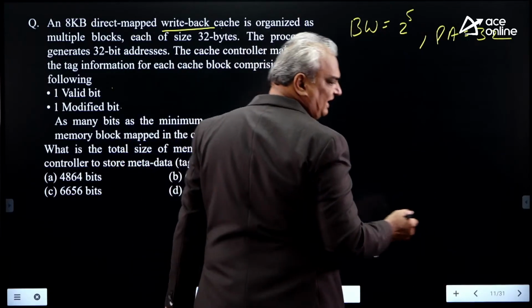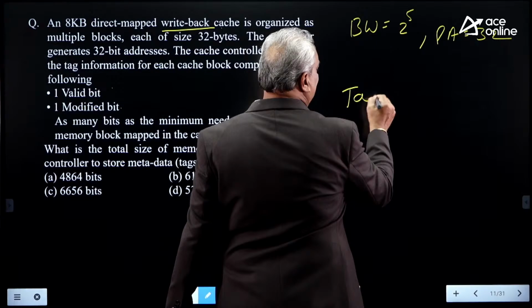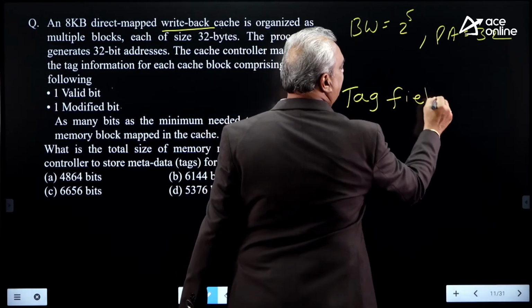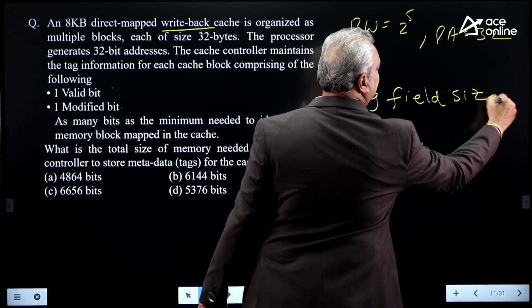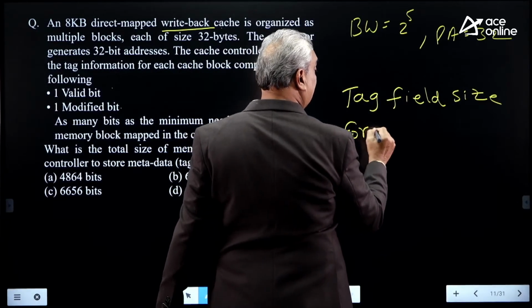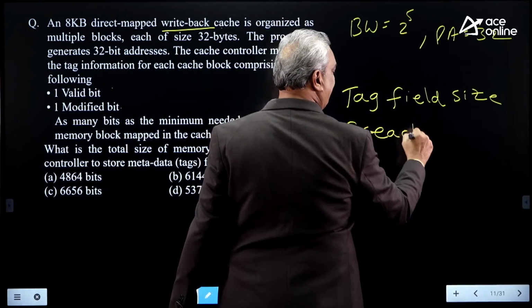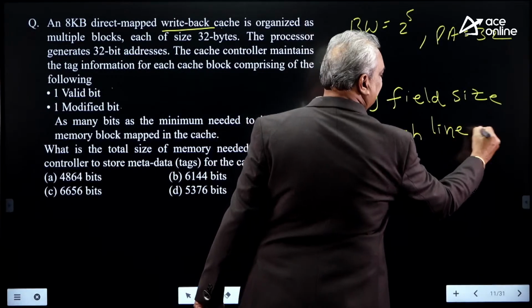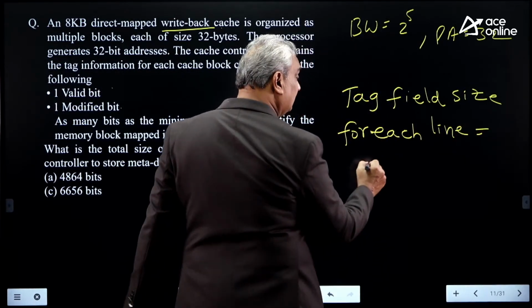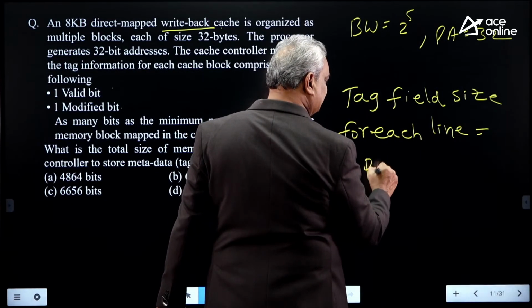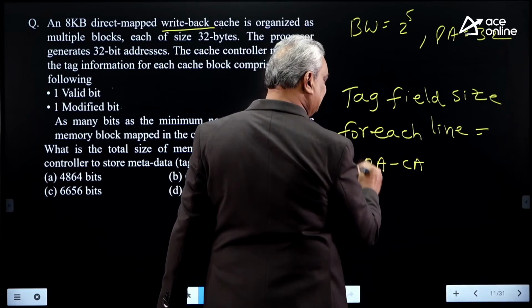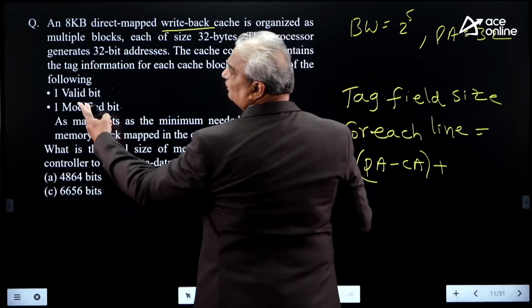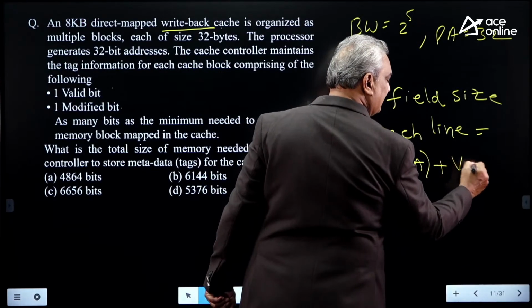In this one, since it is a direct mapped cache, what about the tag field size? Tag field size for each cache line is nothing but tag equals PA minus CA. Along with this one, extra bits, what are those? Valid bit and modified bit.